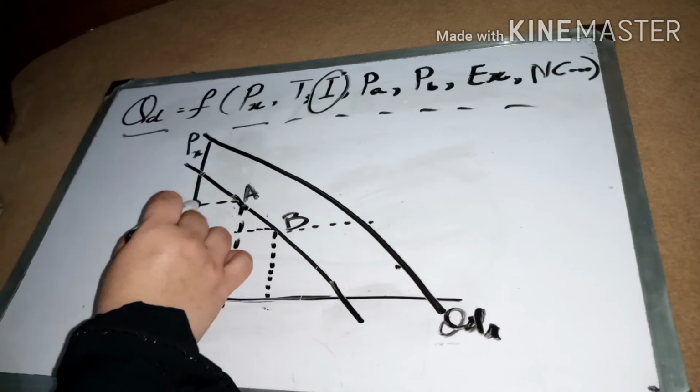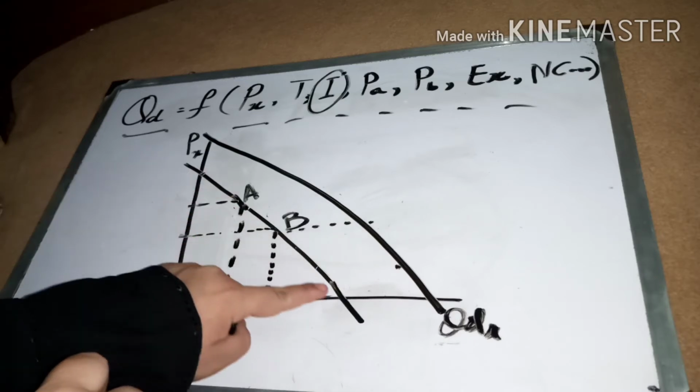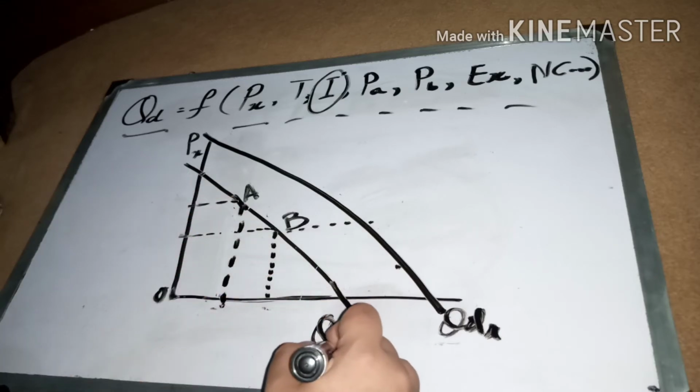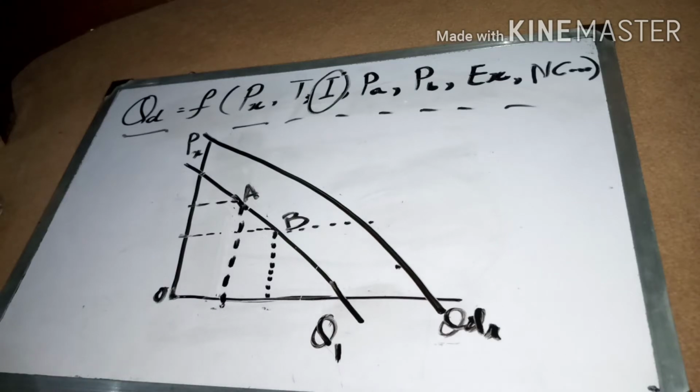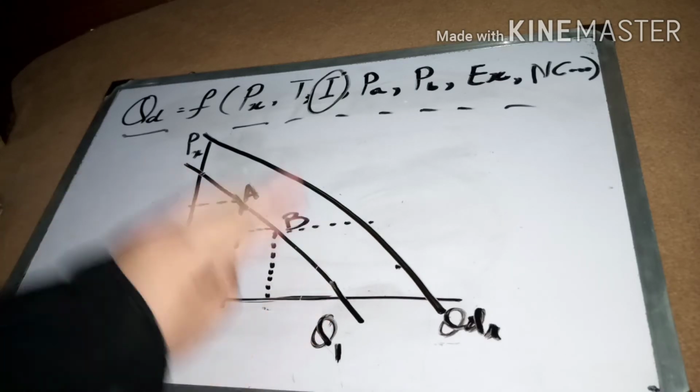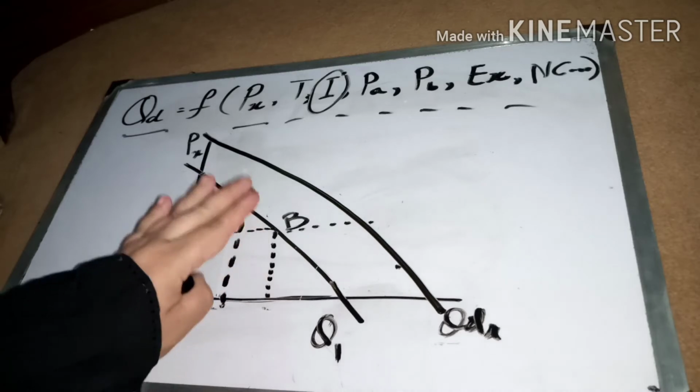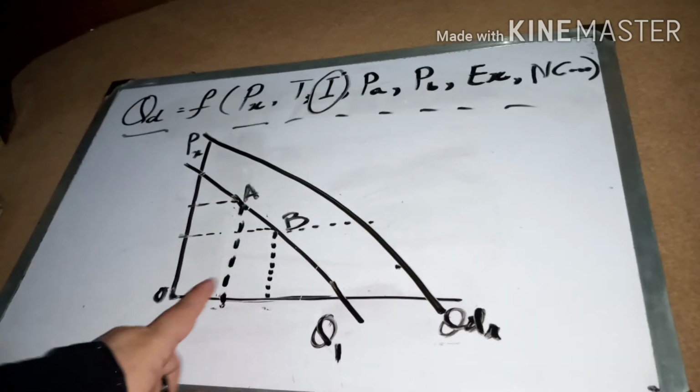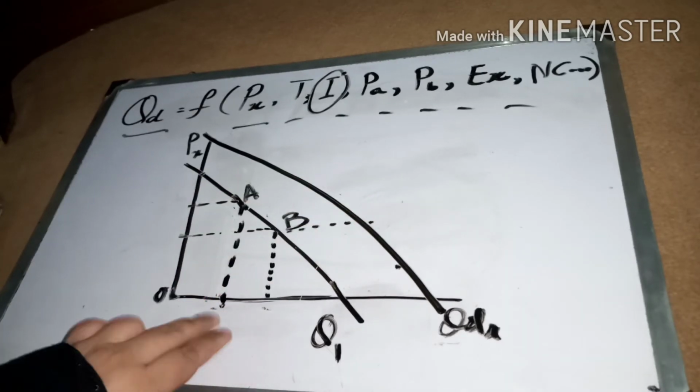This was the previous demand. Let's suppose we call it Q1. This was the previous demand of the same consumer. Now there is an income increase and the product that we are talking about is a normal good.